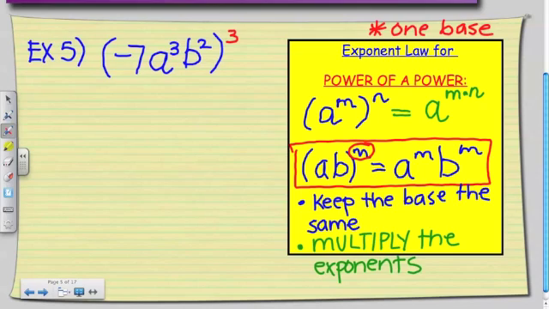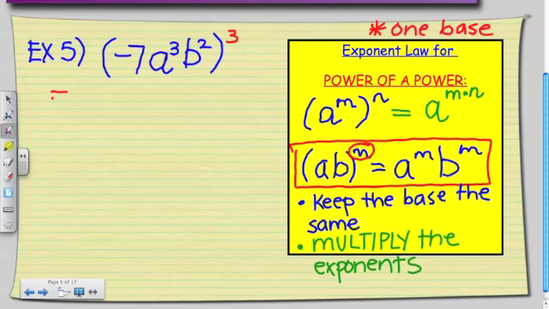So notice, first of all, whenever you have something in brackets, you have to verify, before I look at anything outside of the brackets, that I can't simplify anything further inside the brackets, because the a and the b, they're different variables. They can't be combined. So everything has been simplified as much as it can. And now I can apply the power of 3 to everything inside the brackets, okay?